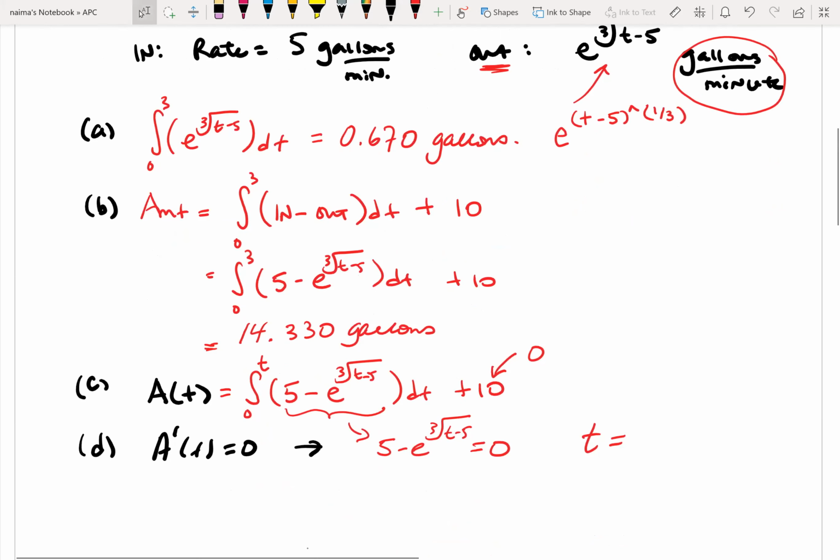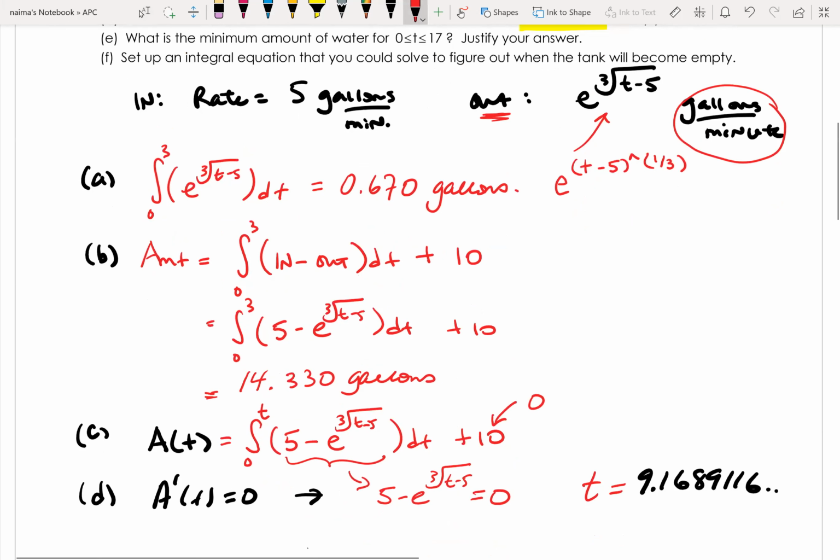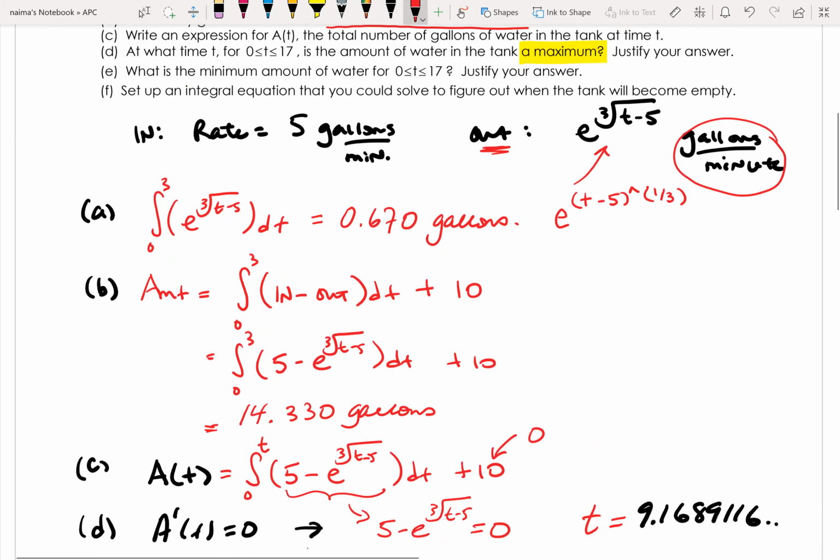So left bound and then right bound, and then I'm going to guess something and get a t value from my graphing calculator: 9.1689116. Maybe it might be a good idea to store it. And we're going to set up our first derivative test.